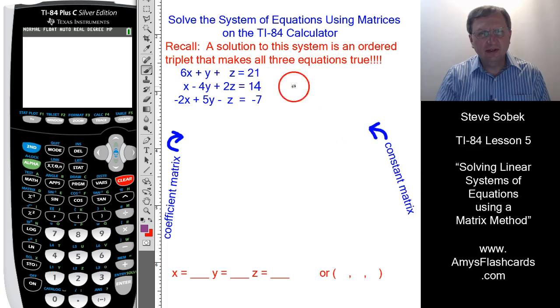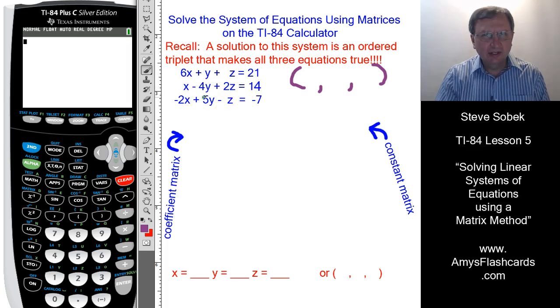Here are our 3 equations with 3 variables, and we desire to solve that system. All of these together comprise one system, a system of 3 equations, and the solution would be this time an ordered triplet: a value for x, a value for y, and a value for z that make all 3 equations true.